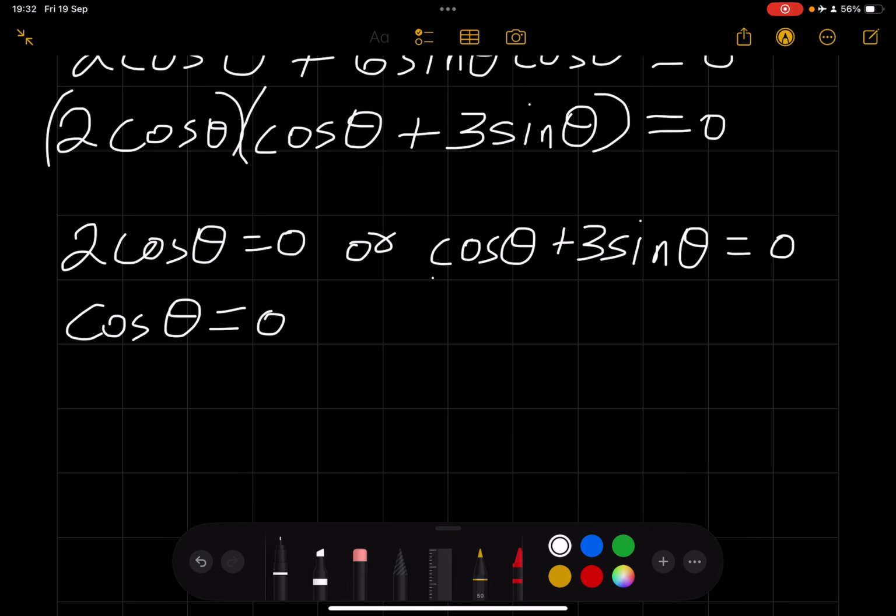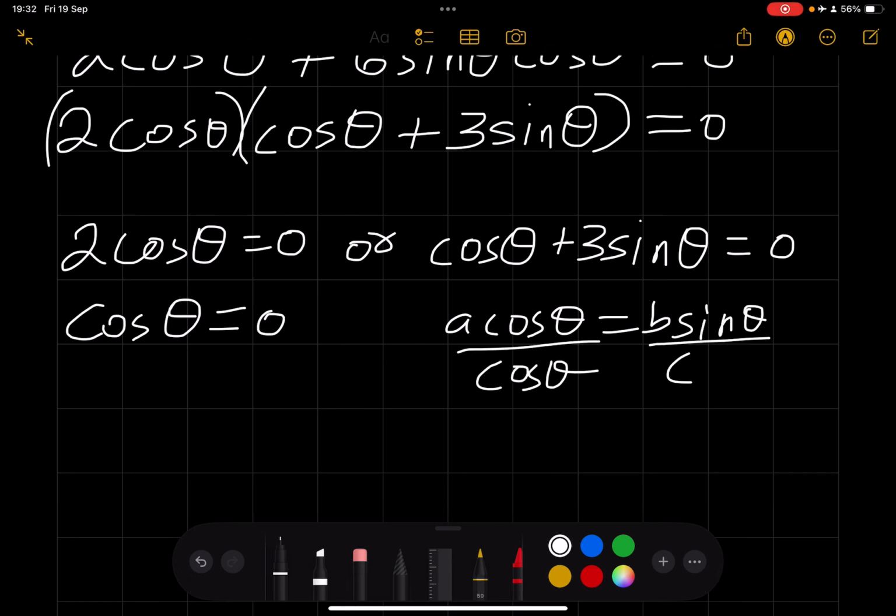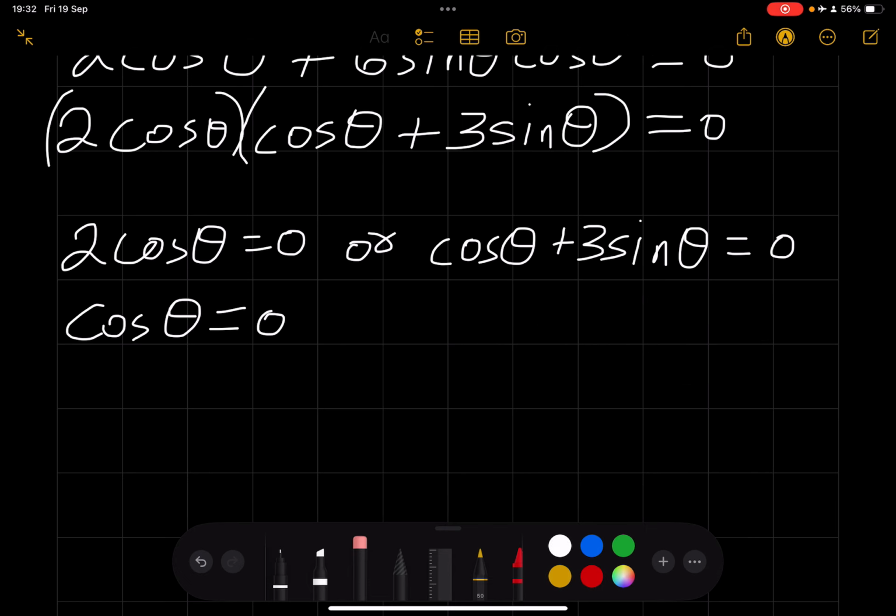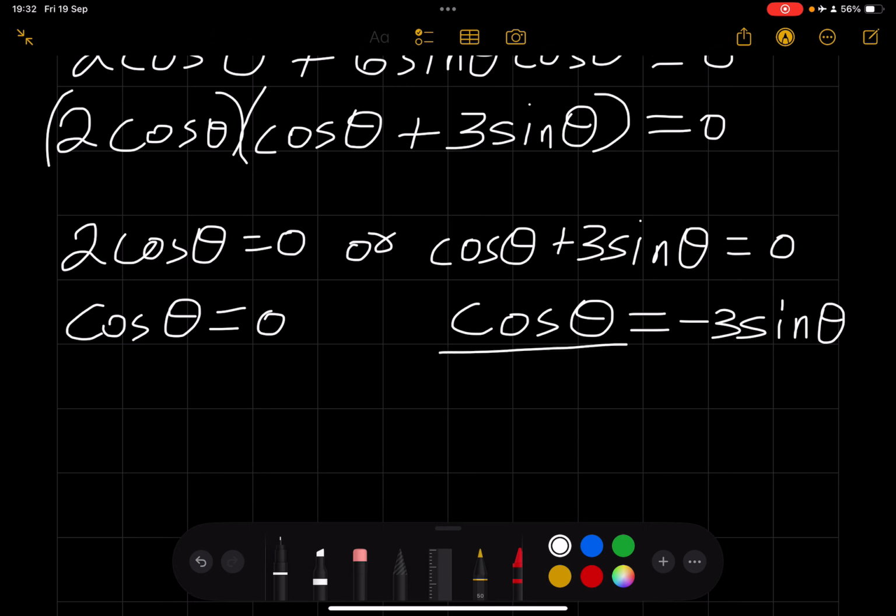Then this side, if you have 2 terms, and you have this form, a cos theta equals to b sin theta, you can always divide by cos theta to change into tan. So in this case, I have 2 terms. So I'm going to write cos theta equals to negative 3 sin theta. And then I'm going to divide both sides by cos theta.